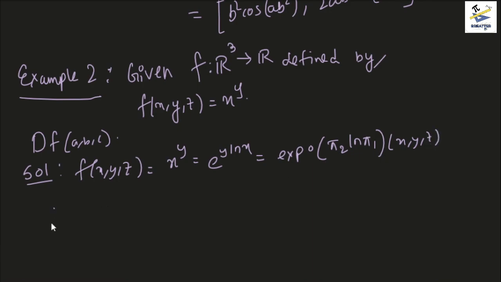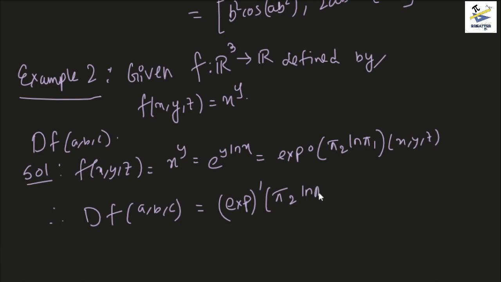So therefore the derivative would be something like this. Firstly, we would be doing exponential's derivative at the point pi 2 log pi 1 at the point (a, b, c), multiplied by the derivative of pi 2 into ln of pi 1 at the point (a, b, c).